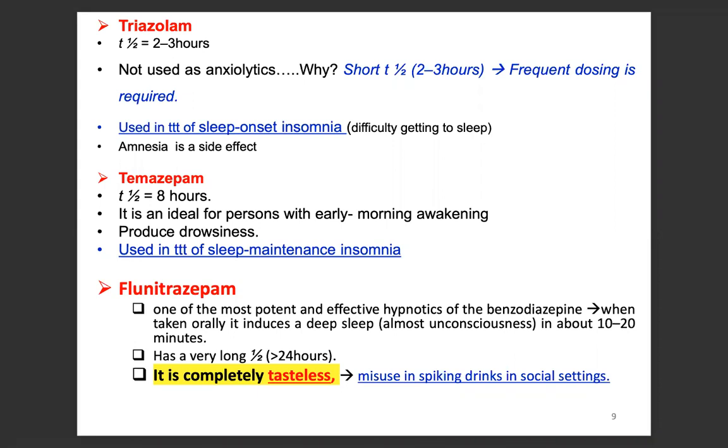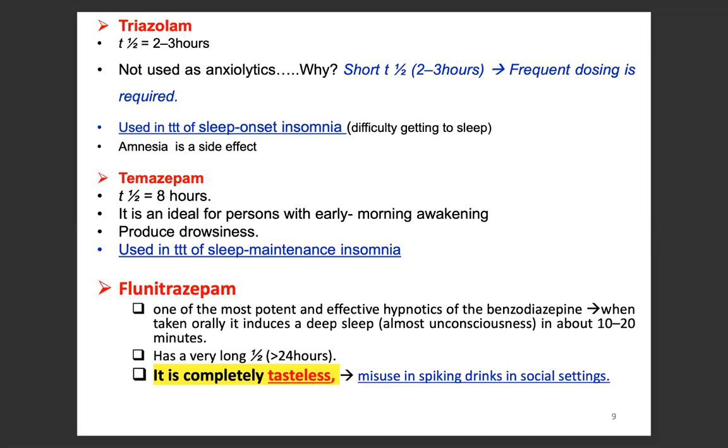So it is not generally recommended by physicians or specialist consultants, because it is a potent one. It induces deep sleep, almost unconsciousness, in about 10 to 20 minutes.